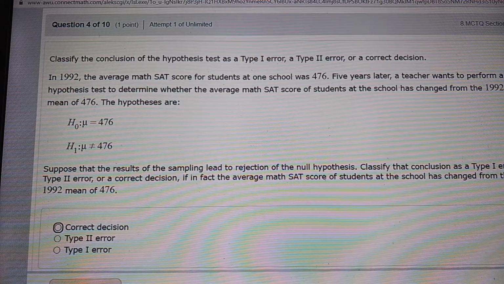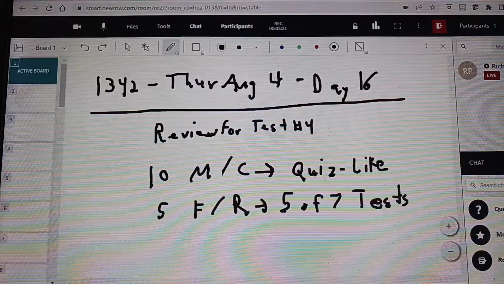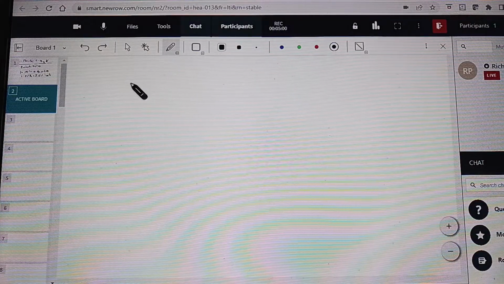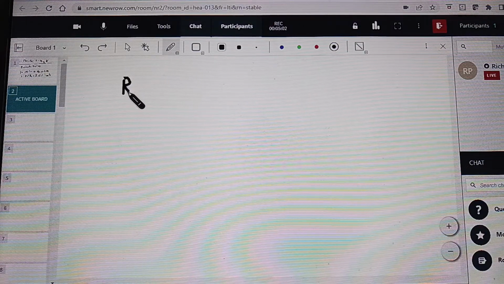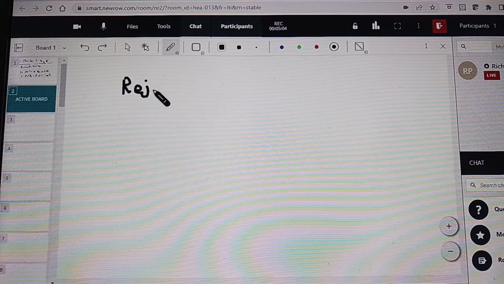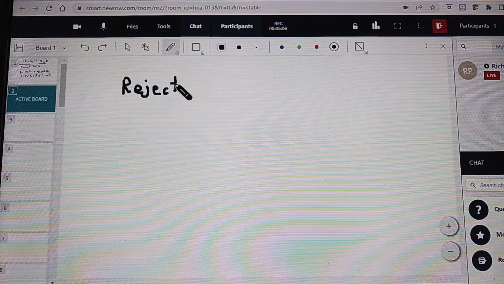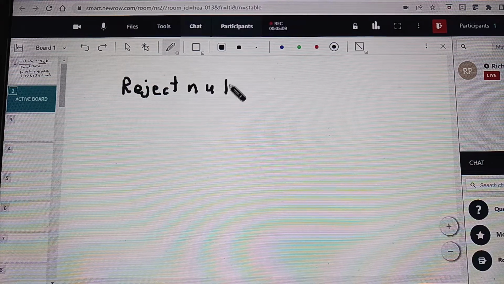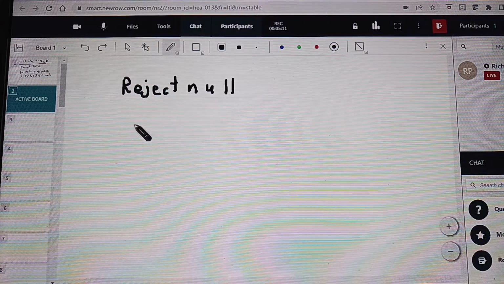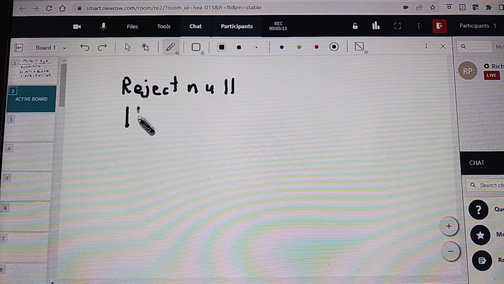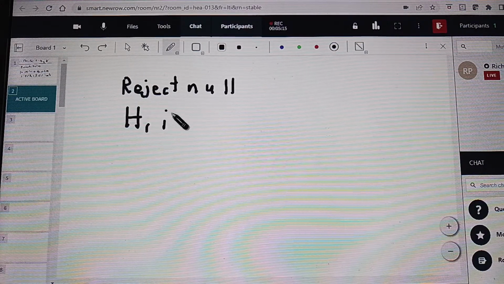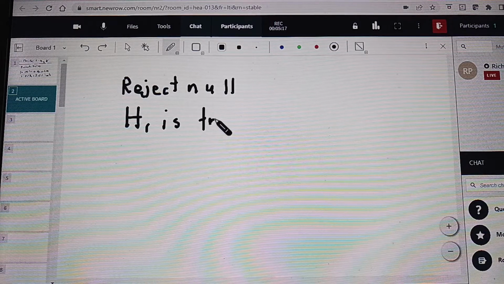So you want to take those 2 things that are given to you in the problem. In this problem, I was told the null was rejected. It wasn't a case where it was not rejected. They rejected the null. And one way or another, I was basically told the alternative was the one that is true. The alternative is actually true. Nobody in reality would really know that, but that's the reality.